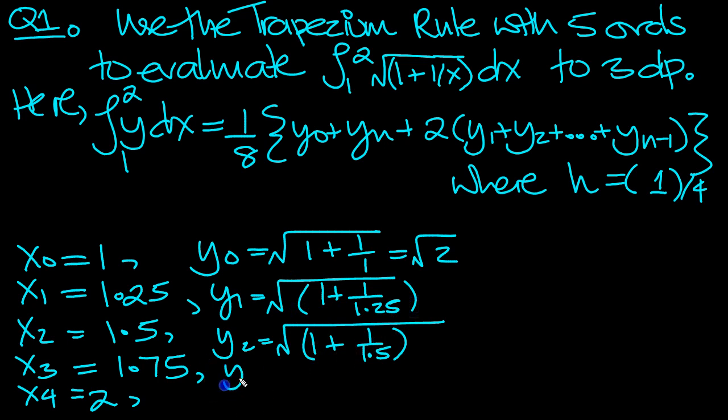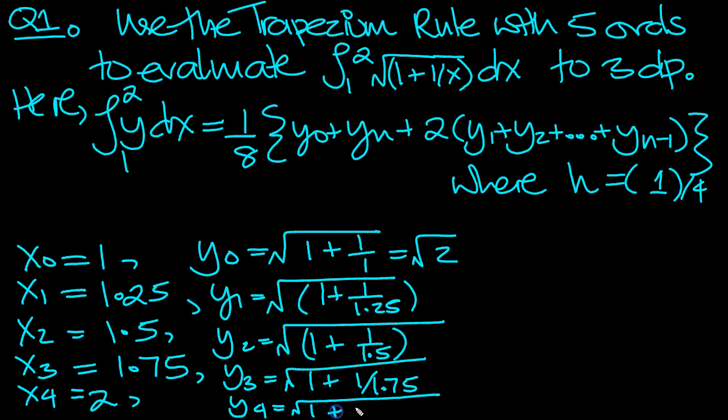And then y3, square root of 1 plus 1 over 1.75. And lastly we've got y4, haven't we? Which is the square root of 1 plus 1 over 2. 1 plus a half is 3 over 2, so this is root 3 over 2 here.